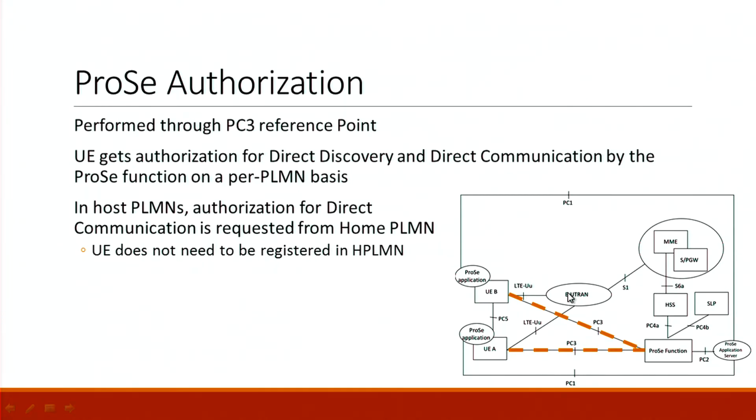So before D2D, you need to talk to the eNodeB. You must be under coverage. That automatically cuts off a number of use cases where you want to operate in V2V and you are in an area where there is no coverage. And this is not good.